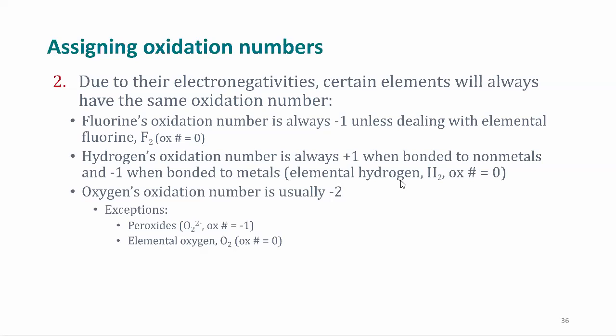Or if it pairs up with something that's more metallic than it, it can add an electron, take on the configuration of helium, and be -1. Those are the only 3 options for hydrogen. By itself, it's 0. With a nonmetal, it's positive. With a metal, it's negative.